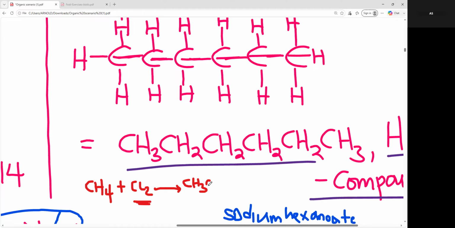Then the other chlorine fixes itself there. So one chlorine has removed the hydrogen, so that we have hydrogen chloride. I said this previously: if you have an alkane reacting with a halogen, one of the halogen atoms will remove the hydrogen. It will substitute.